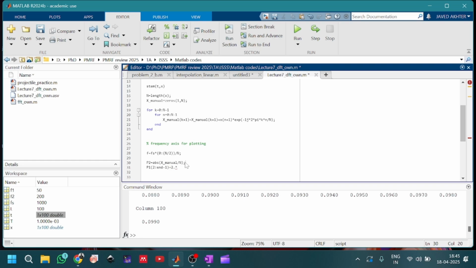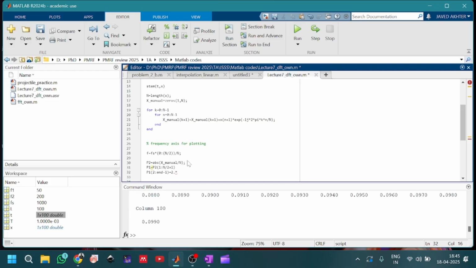Okay, so first we have to define what P1 is. P1 is basically P2, and we are folding it. Because it has this symmetry, we will do the folding from 1 to n by 2 plus 1. So we'll write n by 2 plus 1.